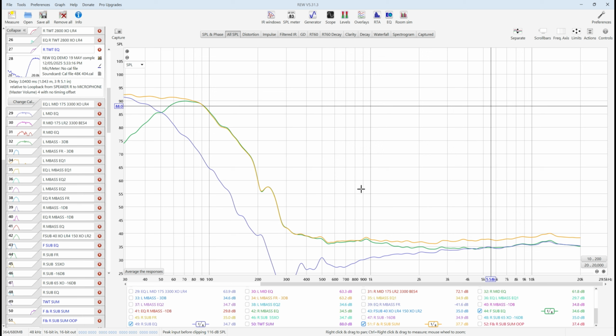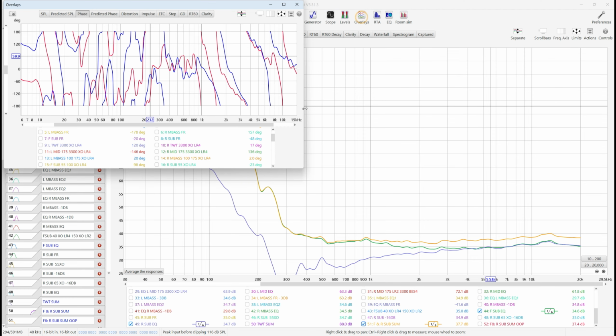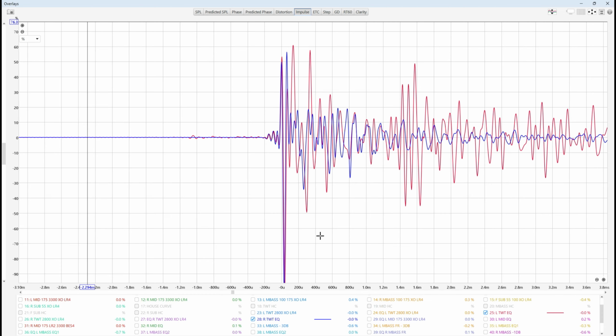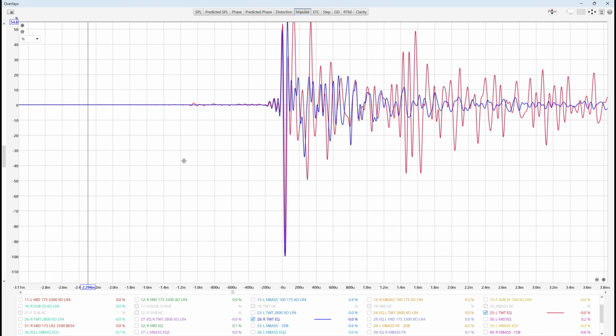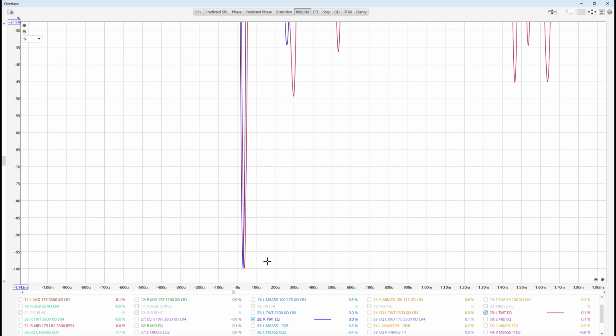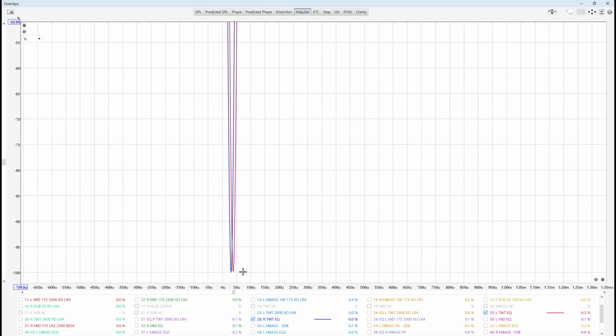Now, if you're using impulse responses, you can also check to see whether the impulse responses are lined up. You do that in the overlays area, and we're going to go to impulse, and here we've got selected our right tweeter and our left tweeter. If we zoom in and move around a little bit, you can see that the impulse responses are pretty much on top of each other.